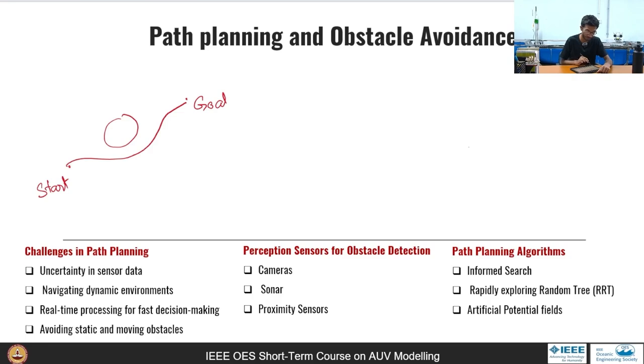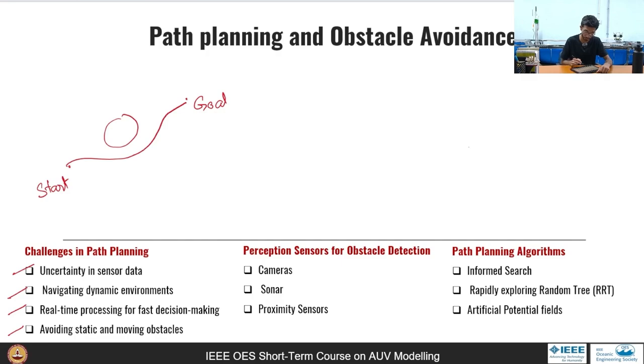The key challenges for path planning algorithms will be the uncertainty in the sensor data, as well as navigation of dynamic environments, real-time processing and fast decision making, and there are variants of algorithms for static and moving obstacles.